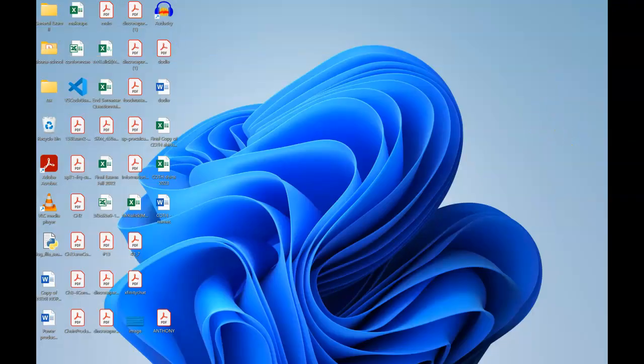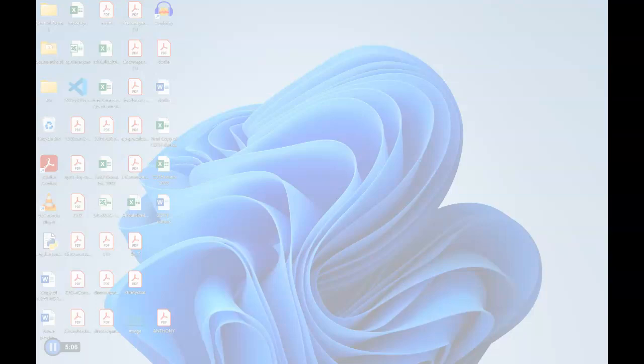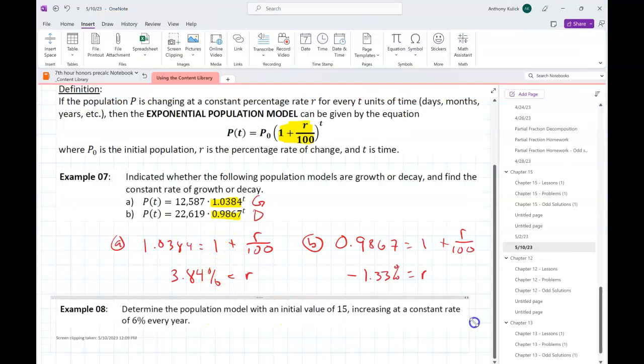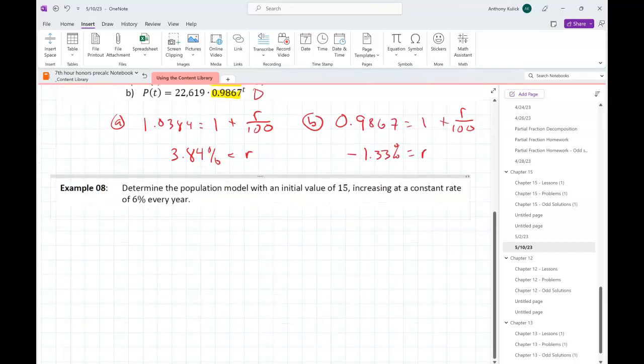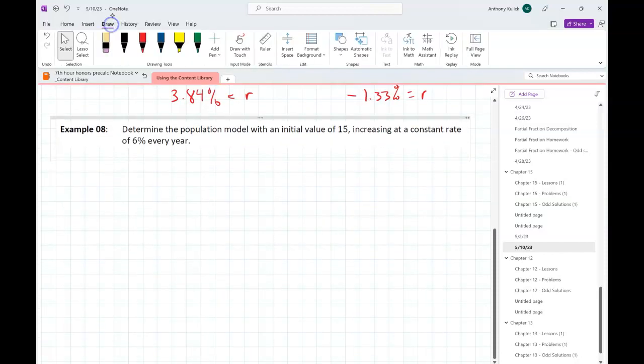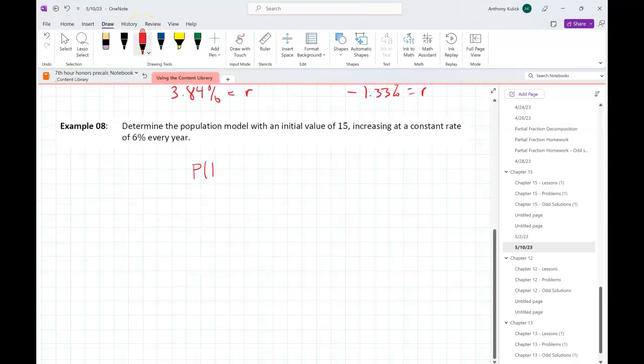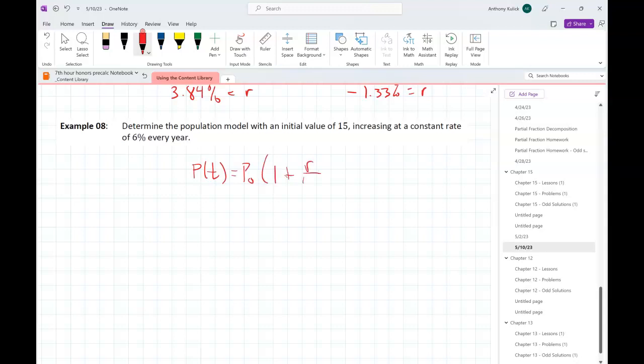Let's do an example where we have a story problem, or at least just a situation in words. And here we're just being asked to write the population model for this. So since it's talking about population in the problem, we know we're going to be using our population model.